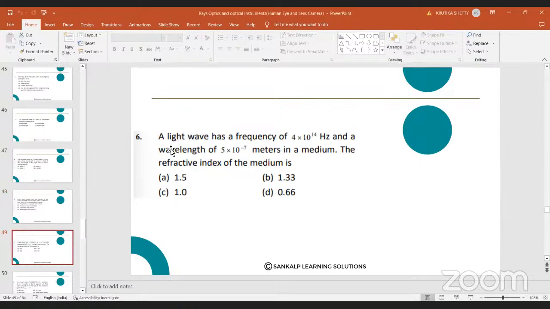Then here is our next question. A light wave has a frequency of 4 into 10 to the 14 hertz and a wavelength of 5 into 10 to the -7 meter in a medium. The refractive index of the medium is, so frequency is given, wavelength is given, calculate the refractive index. Already I told you just now the formula, you can try with that.